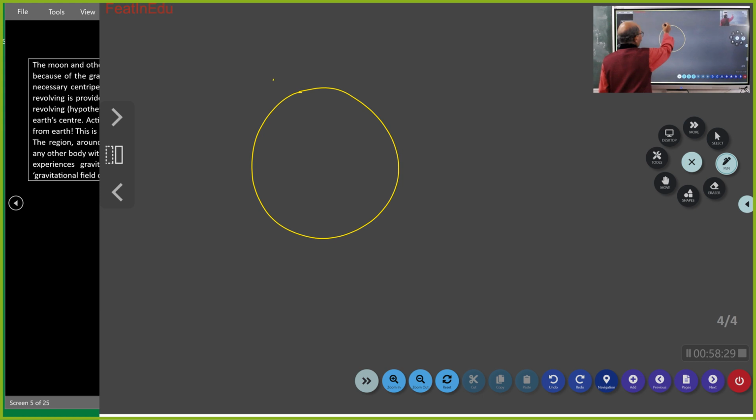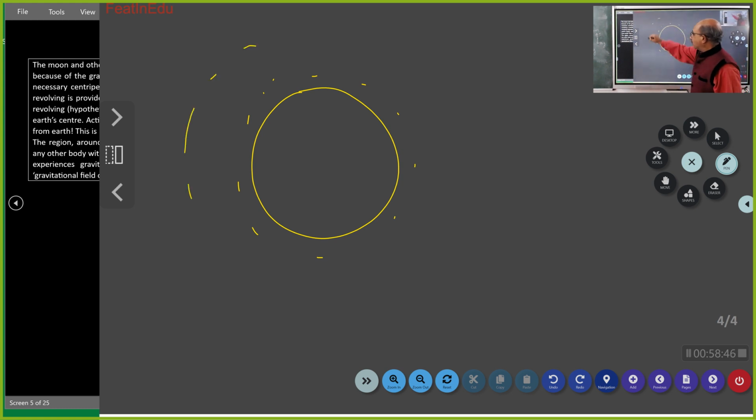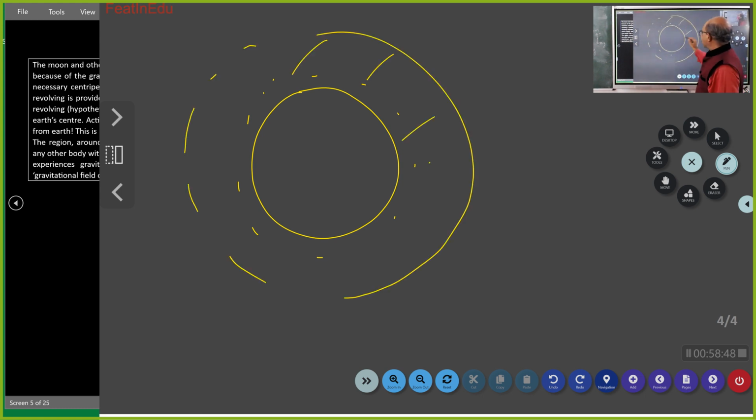Now anywhere on Earth, if you drop a body, what will happen? Whether you drop it in America or India or anywhere, it will fall. So that means around Earth there is a region. In 3D you can imagine.